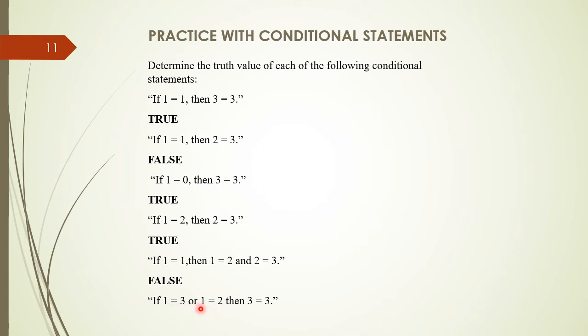Then the truth value would be true because there is no need to consider the truth value of its then part. Whenever we have the truth value of if part is false, then overall truth value of the conditional statement would be true.